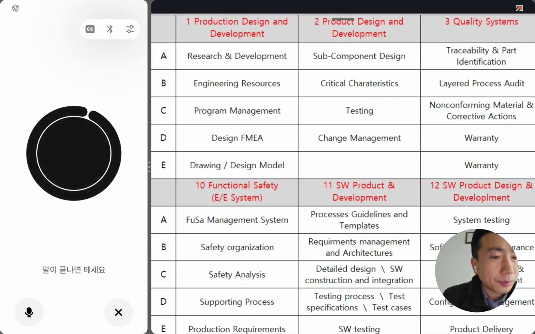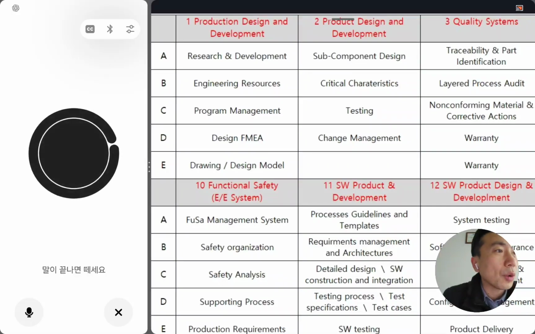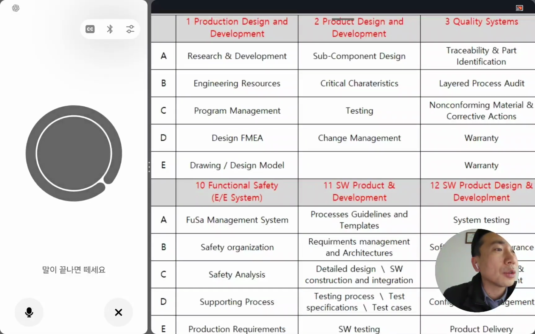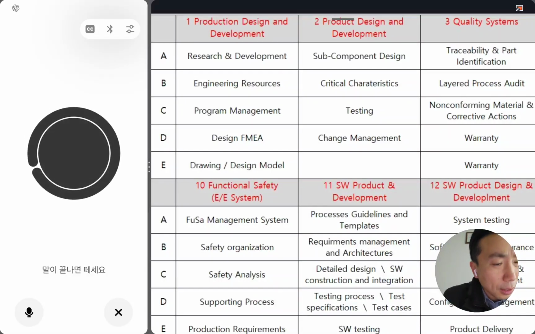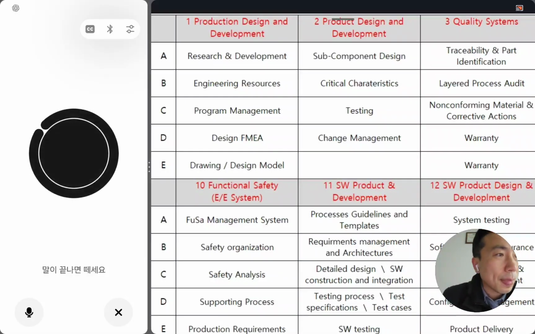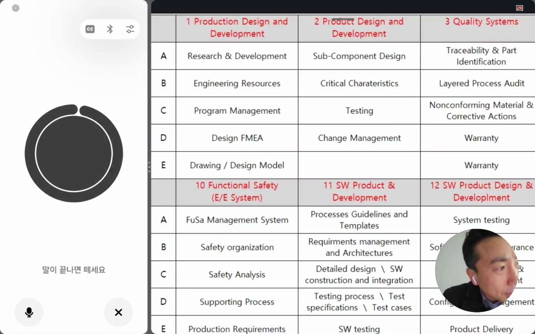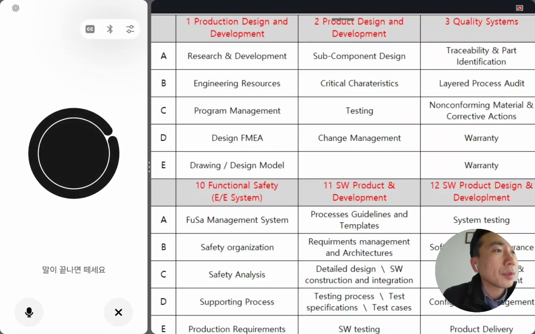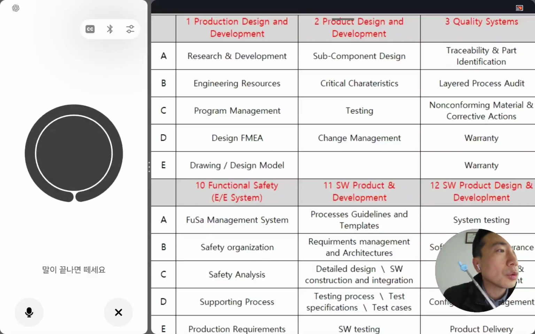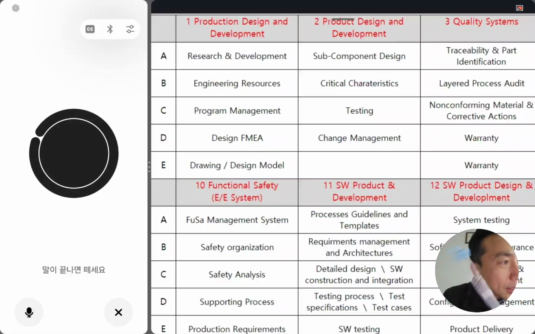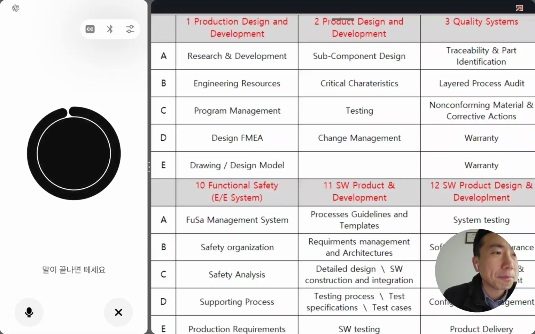Number nine. What kind of control methods are applied to monitor critical characteristics in production? This is very important. What kind of control methods are applied to monitor critical characteristics in production?